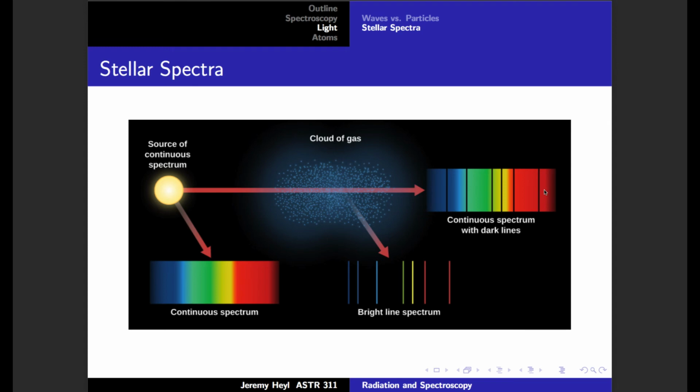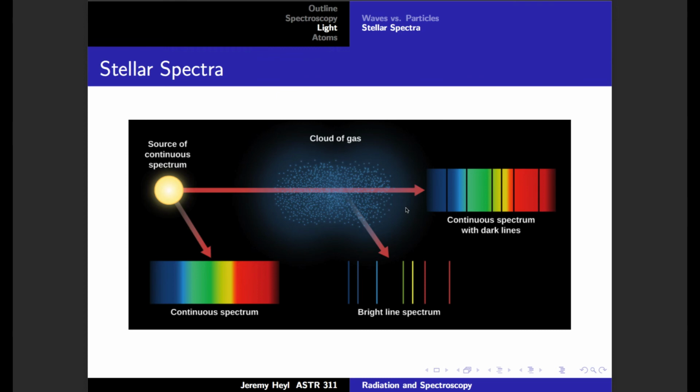Now, if I were to look at that same bunch of gas, but from the side, that gas is being excited by the starlight, but we don't see the starlight. We just see the evidence of those atoms being excited, so we see emission lines. So basically what's happening is the light starts at the star, the gas pulls out some fraction of the light in these lines, and then emits it in all directions.